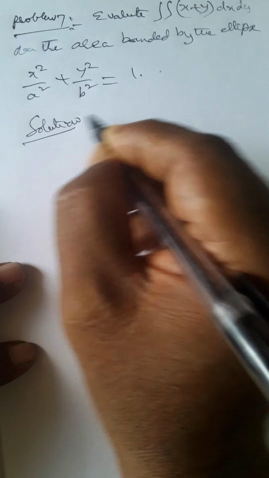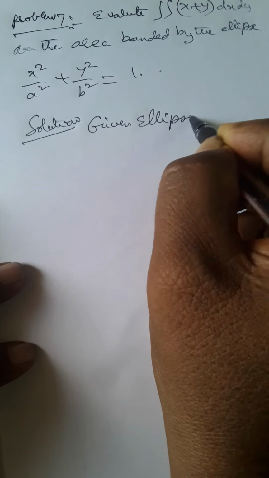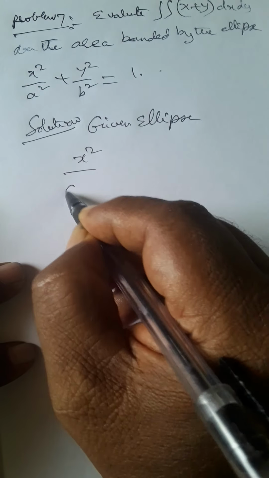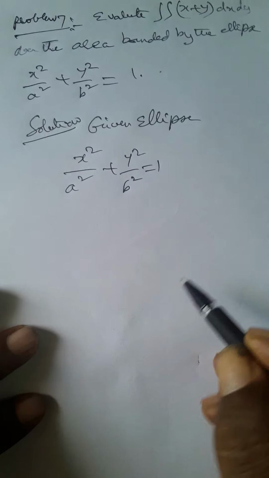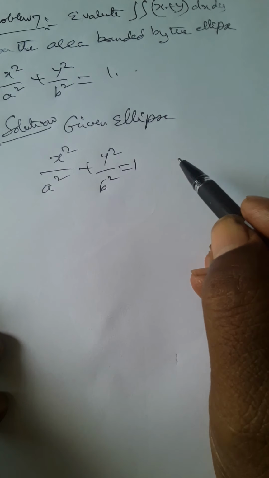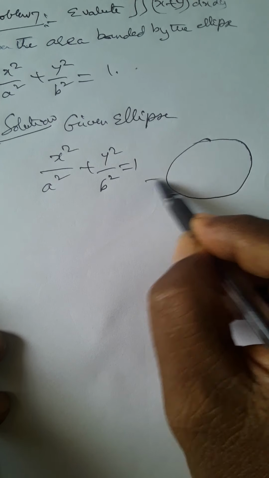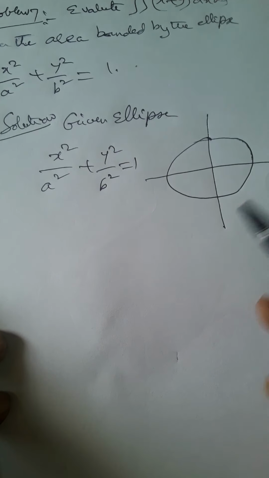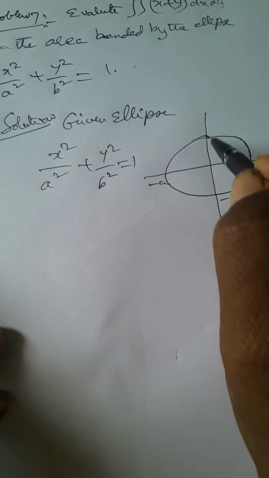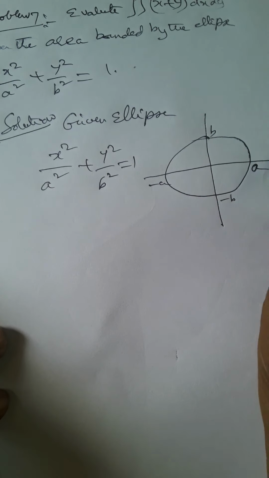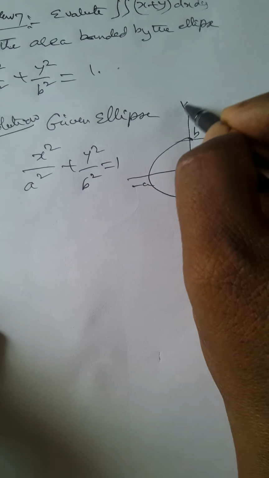Solution. Given the ellipse x square by a square plus y square by b square is equal to 1. This is the ellipse diagram, with a and minus b, the x axis, 0, and the y axis.